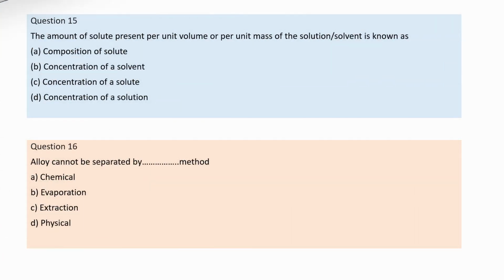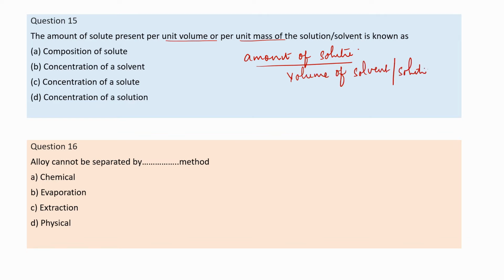Our next question is the amount of solute present per unit volume or per unit mass of solution. So when we are taking amount of solute divided by the volume of solvent or solution, whether it is volume by volume or mass by mass, in all these cases we are finding out the concentration of the solution. So option D, concentration of solution, is the correct option.